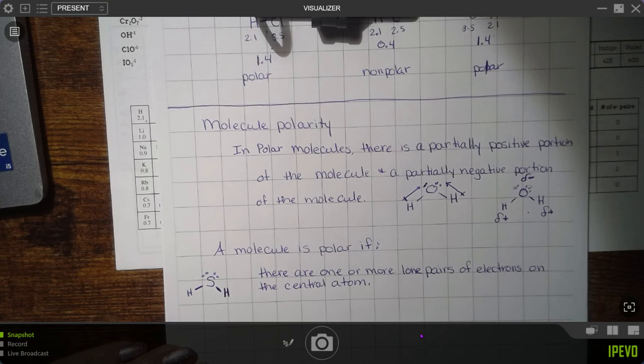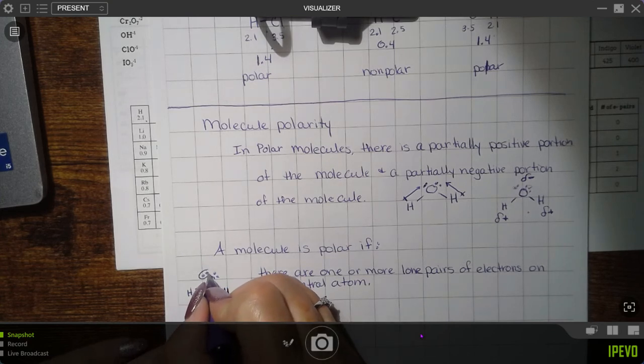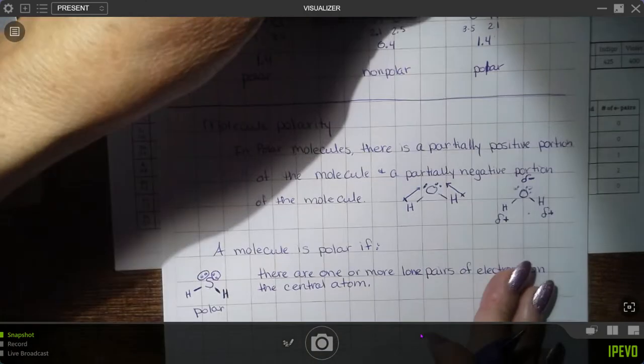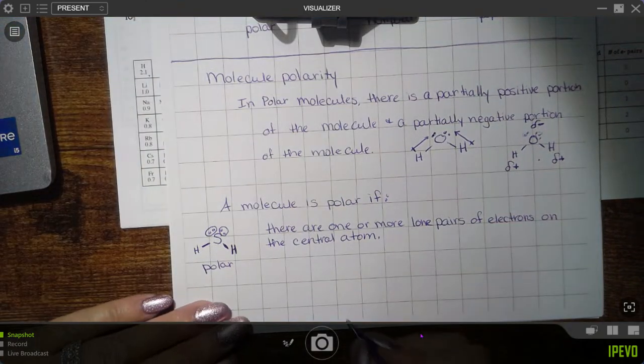H2S, very similar to H2O, has two lone pairs of electrons on the central atom, making this a polar molecule.